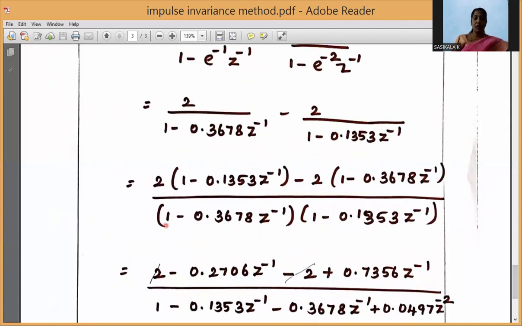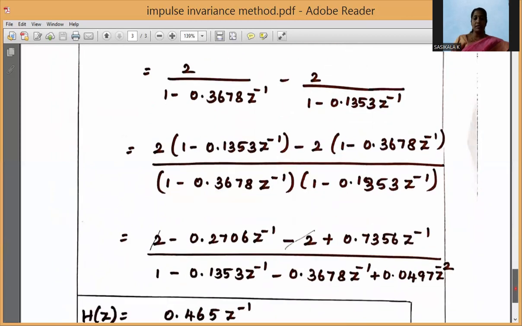So LCM is (1 minus 0.3678 z inverse) into (1 minus 0.1353 z inverse). In the numerator, you just cross multiply. So this 2 term is multiplied by (1 minus 0.1353 z inverse), minus 2 into this term, that is (1 minus 0.3678 z inverse).